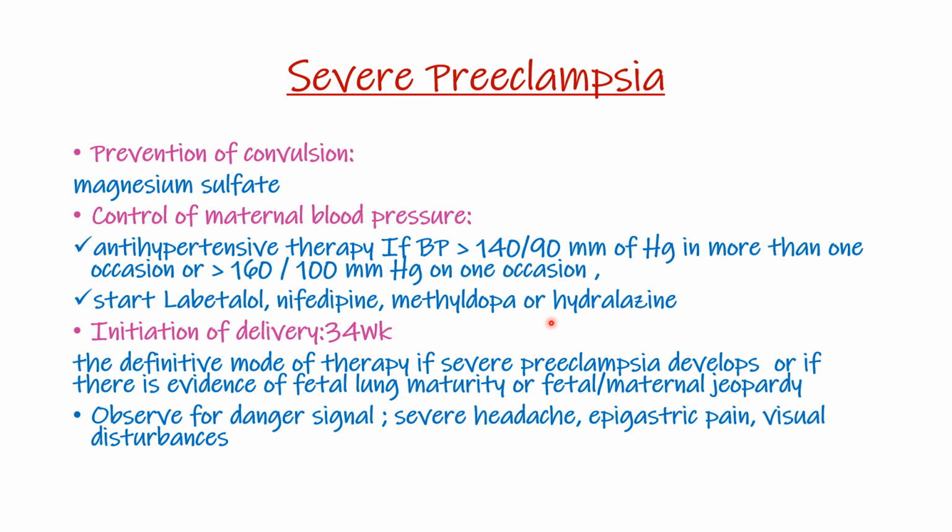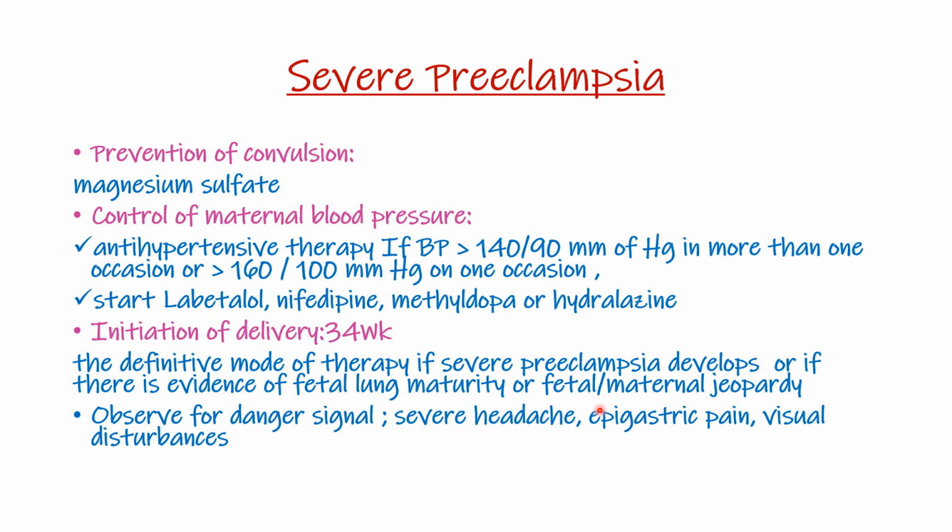So when do you deliver? You can deliver if the fetus is greater than 34 weeks. So this is the definitive mode of treatment if severe preeclampsia develops, or if there's evidence of fetal lung maturity, that is when the fetus has reached around 34 to 36 weeks, or when there's fetal and especially maternal jeopardy.